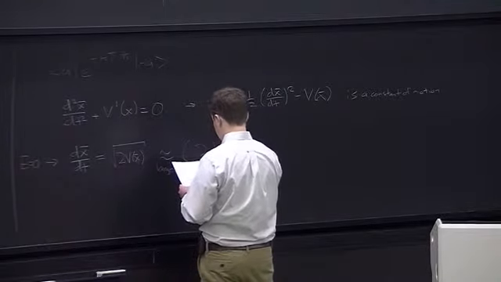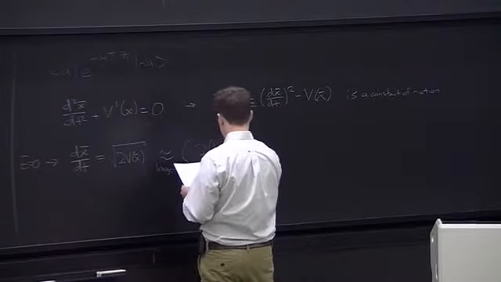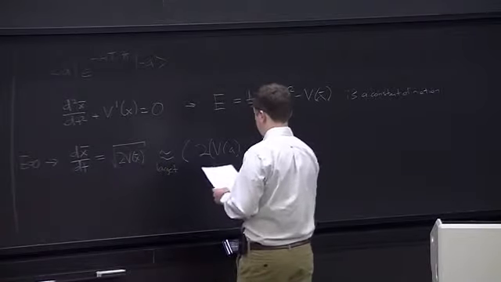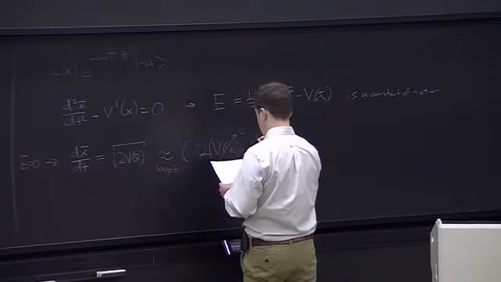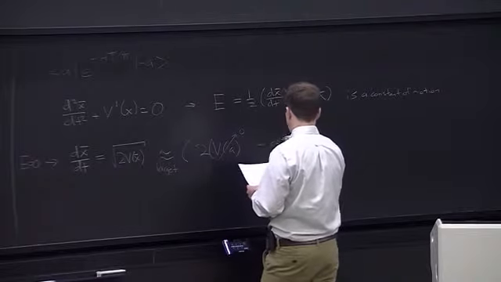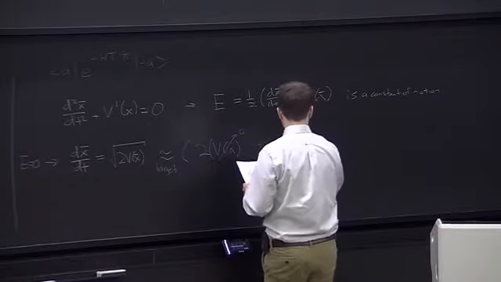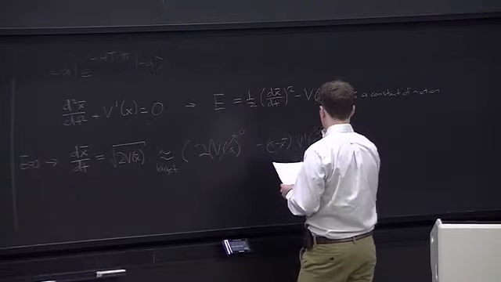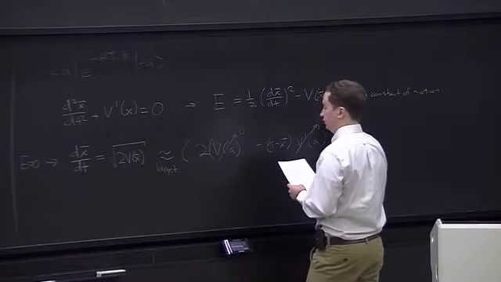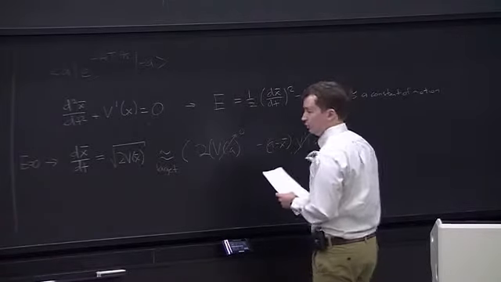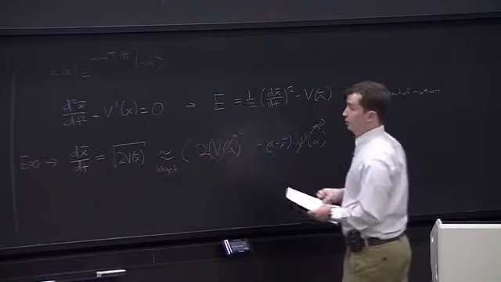And what we get is V of A, which is 0, plus (A minus x) V prime of A, which is also 0, because that's a maximum or minimum.